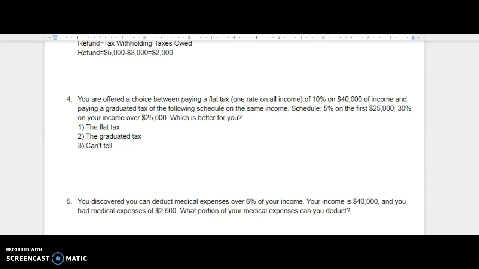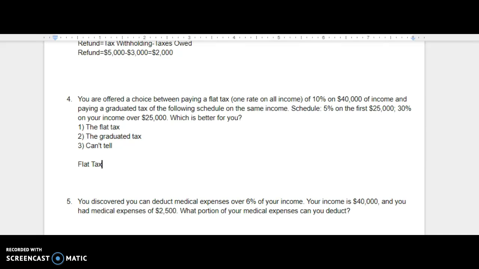Let's look at number 4. You're offered a choice between paying a flat tax, one rate on all income, of 10% on $40,000 of income, and paying a graduated tax of the following schedule on the same income. The schedule is 5% on the first $25,000 and 30% on your income over $25,000. Which is better for you? So let's start first with just the flat tax.